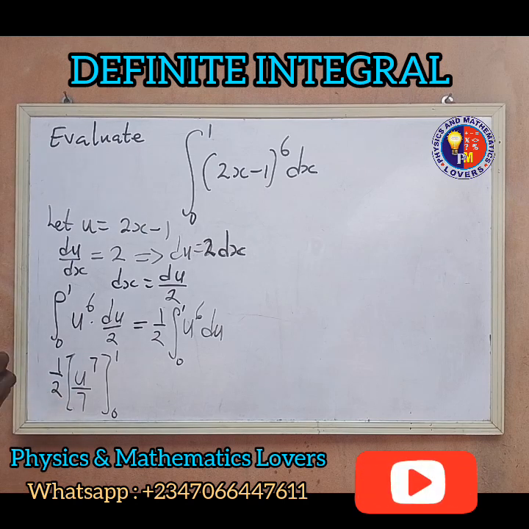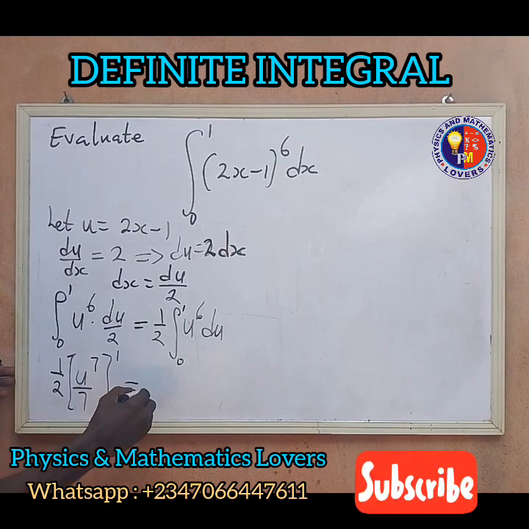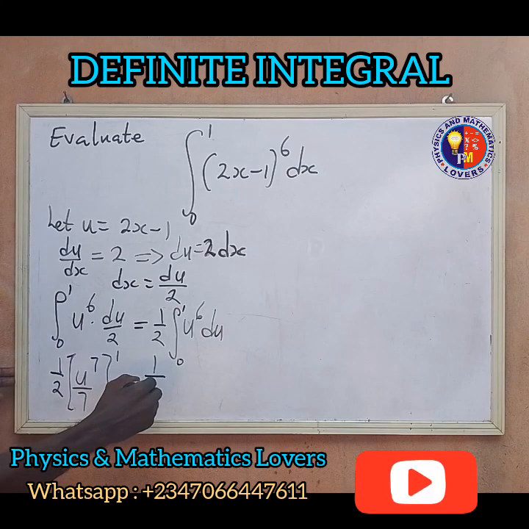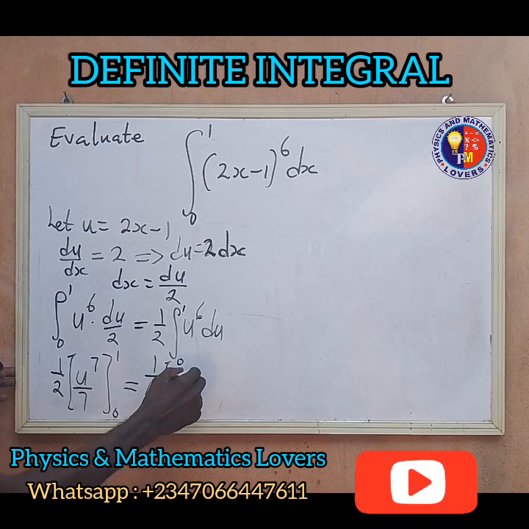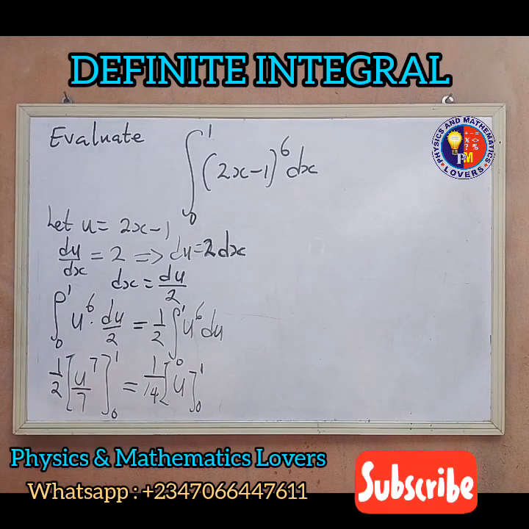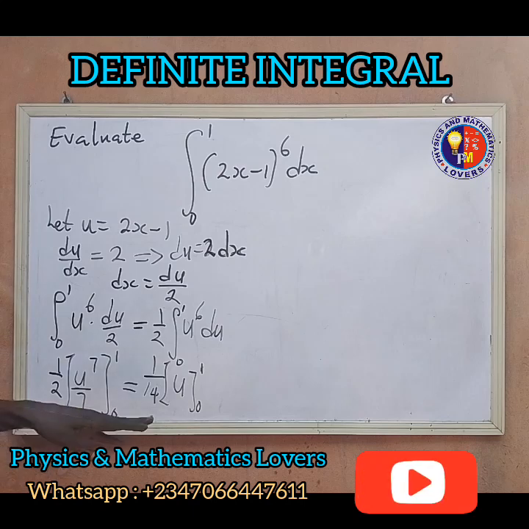At the end of the day, if I take this 7 outside, because this is 7, we multiply by the 2, it becomes 1 over 14. There we have u from 0 to 1. But remember that your u is 2x minus 1. So let us plug it into the expression.